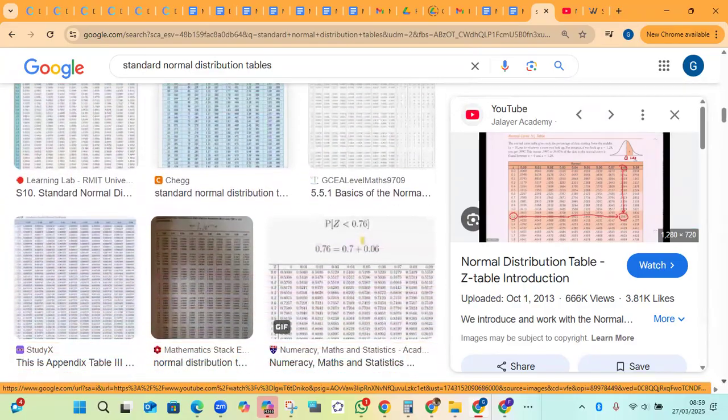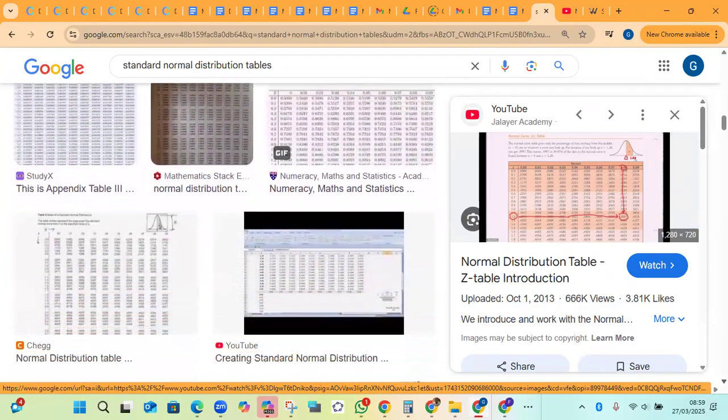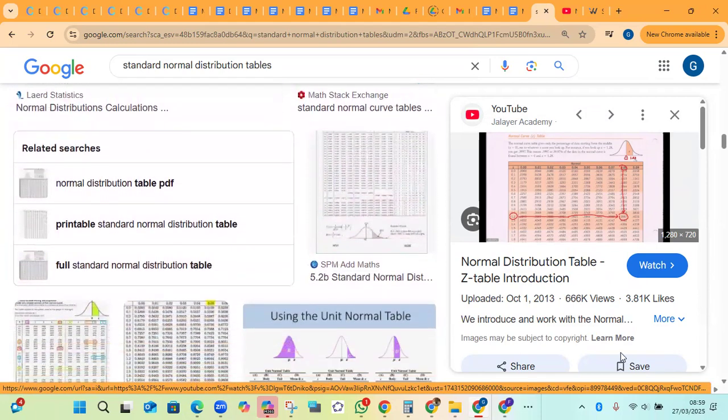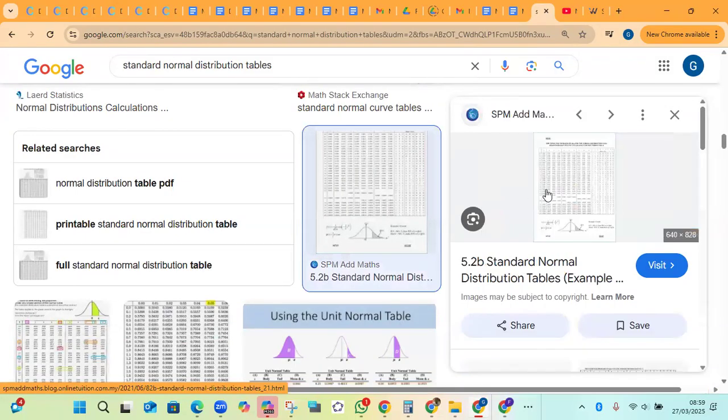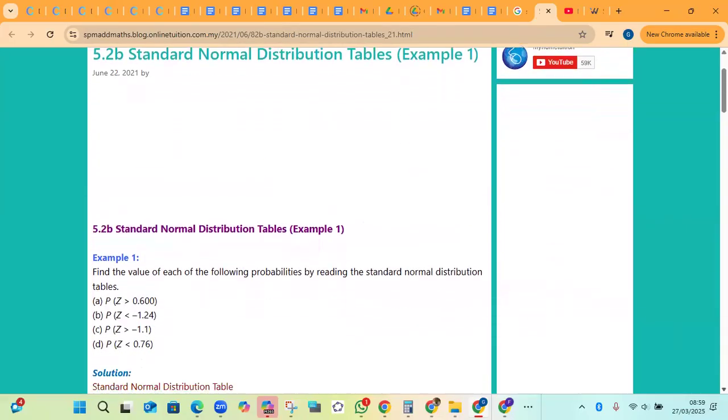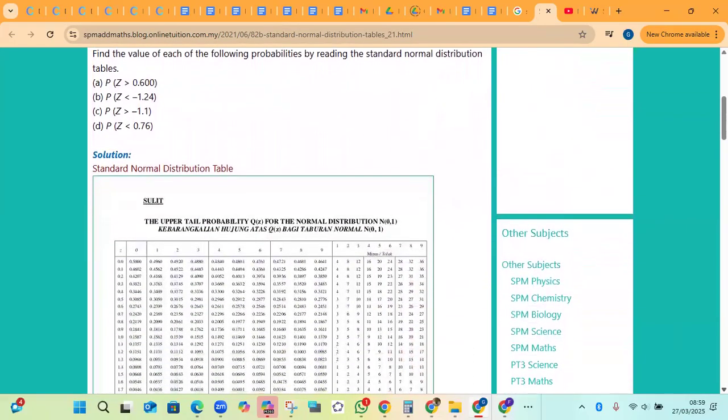As you can see, there are several examples of them. And this is the table that we are going to use to solve any probability question. We must use the table because the formula is very, very cumbersome to use. That is why the probability values are calibrated in tables. But there are softwares that you can use to help you also.